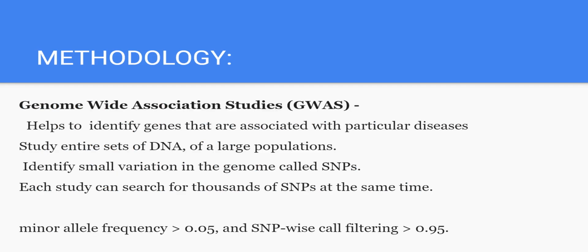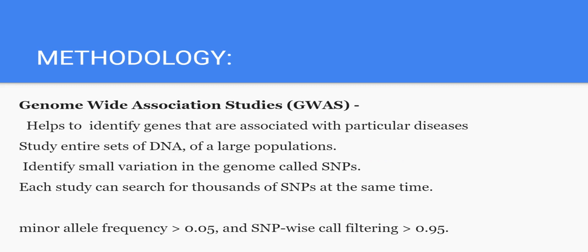Here we can tell about GWAS: it helps to identify genes associated with a particular disease, studies the entire set of DNA of a large population, and identifies small variations in the genome. Each study can search thousands of SNPs at the same time. Here the minor allele frequency is more than 0.05, and SNP-wise call filtering is more than 0.95.